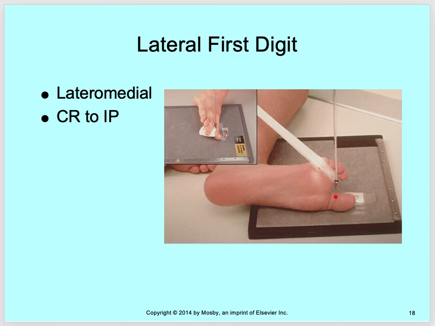But the big toe is just the IP joint. So you're coming down to that IP joint. That toe is right on the image receptor, and then you're moving the other toes out of the way, either with tape or some other way, to image just the lateral toe by itself.